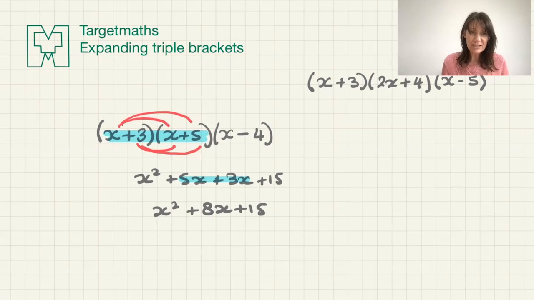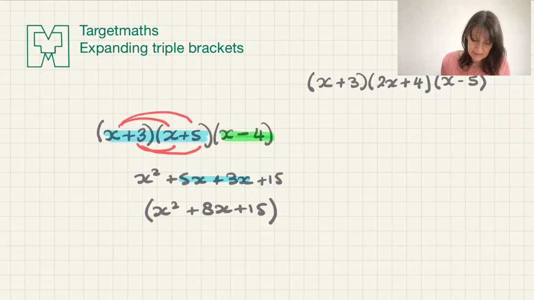Now, what I've actually done is expanded this into this form, so I've written it in its equivalent way. And then all of that still needs to be multiplied by the third bracket.